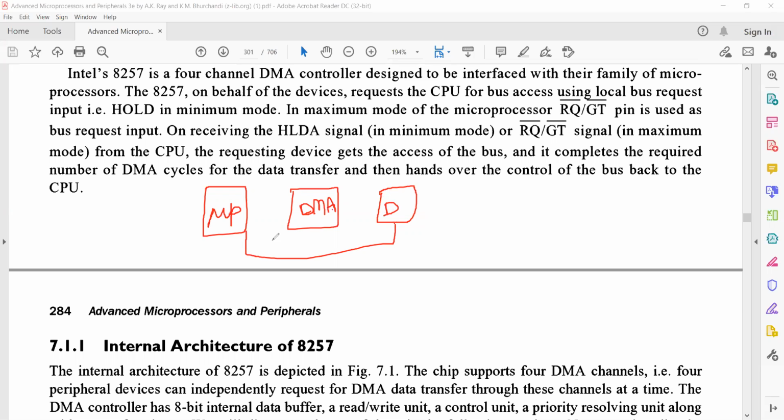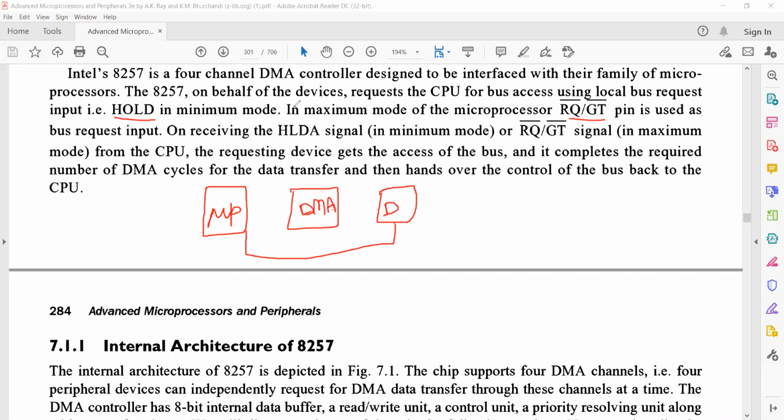What we actually do in the DMA process is send some request to the microprocessor that I need to send some data. That request is sent through the HOLD pin and the other pin in the minimum and maximum mode respectively.